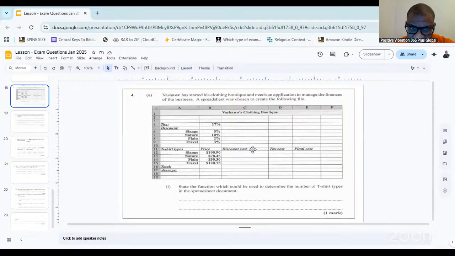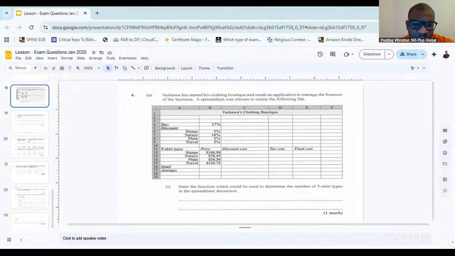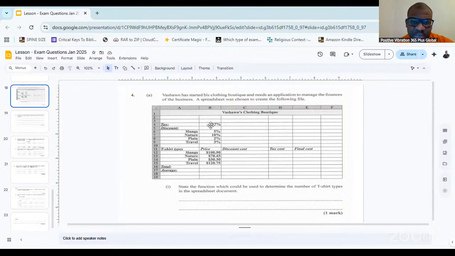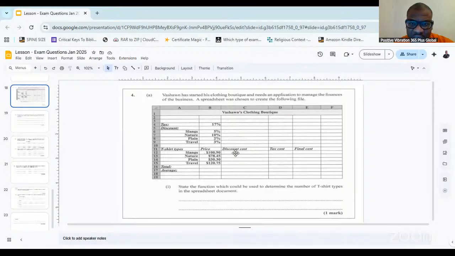Price, discount, tax. Come, start with equal. What would we do? Equal. Yes, sir. Then in this case, B12, because you would need to subtract the discount from the value, right? There will be equal B12 minus C12.